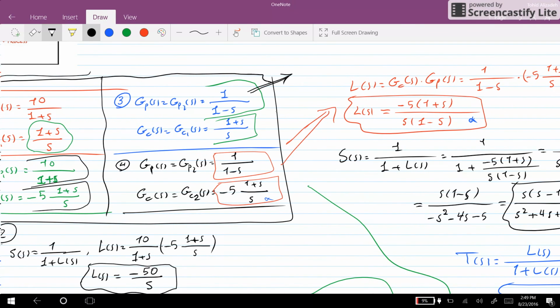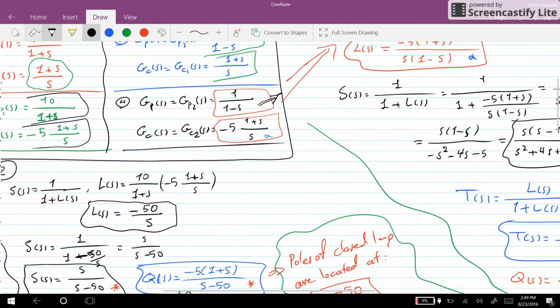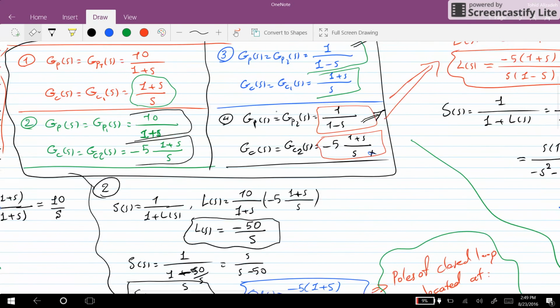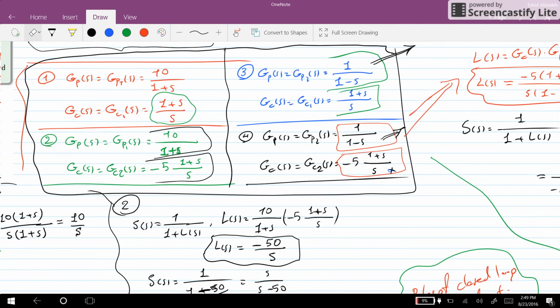So having a look here, we can see that our open loop system or our plant is unstable because we have an unstable pole here. But by introducing this controller, we make our closed loop system stable. So using these 4 cases, you can see that if we have a stable system, we can keep it stable by introducing a proper controller, or we can make it unstable by introducing a kind of bad controller.